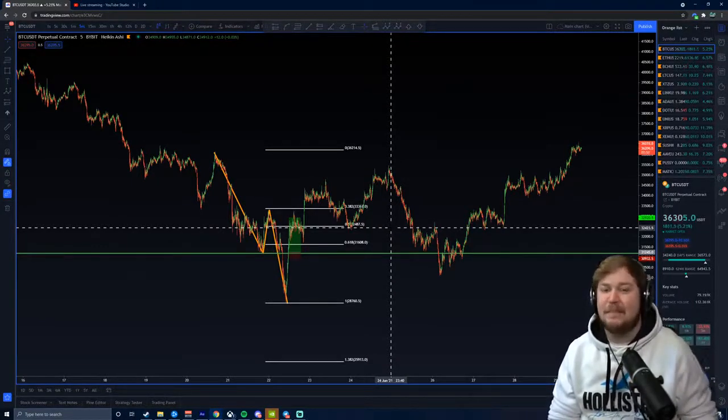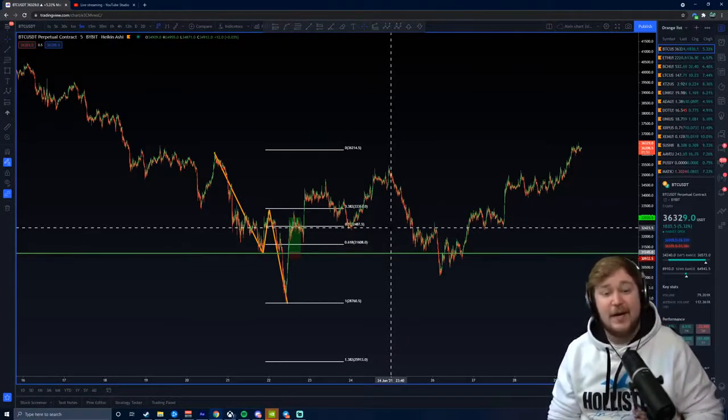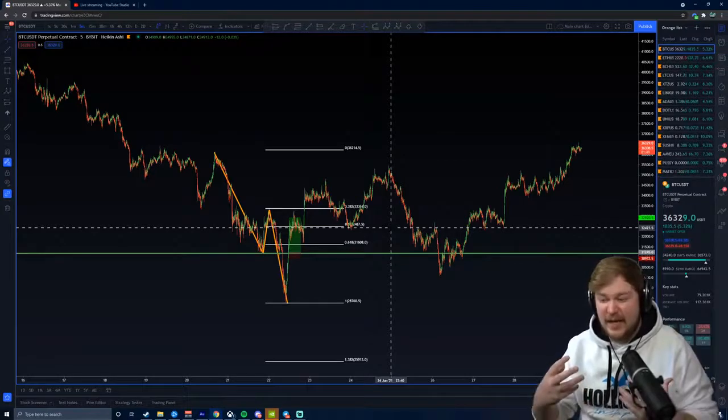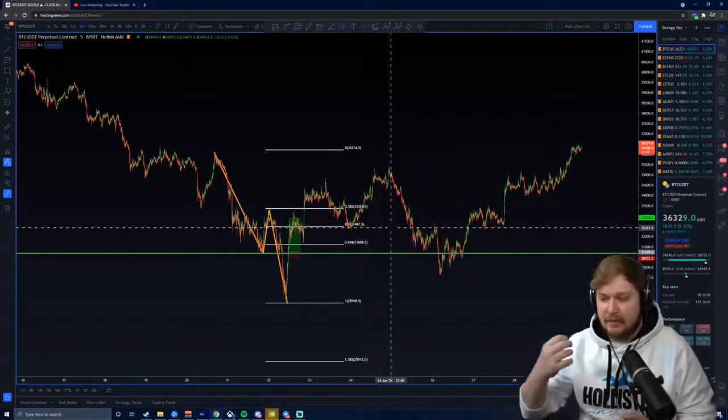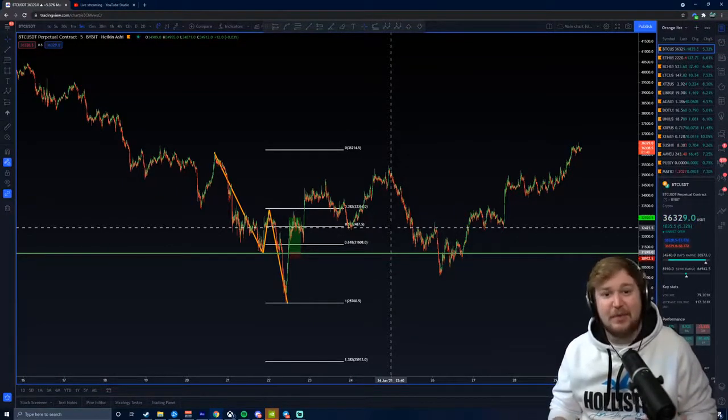Massive difference, same amount of trades. So that's what I want to say. Make sure that if you are playing this close-knit game of trying to be as accurate as possible, understand that's going to come with some downsides. So you have to balance it out with low risk.